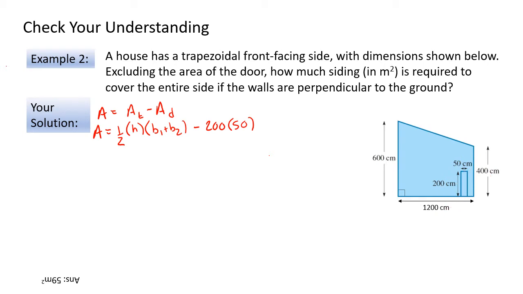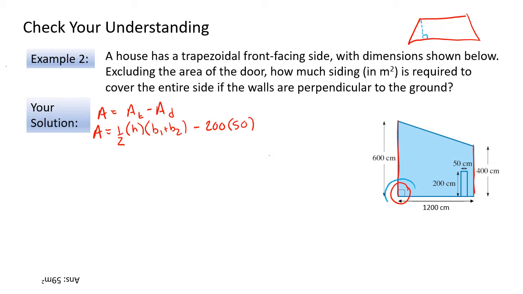So now if we're looking at this as a trapezoid, remember B1 and B2 are the two parallel sides. Well, these two sides are the two parallel sides, right? So those are B1 and B2. And since this is at a 90 degree, remember when we had a basic trapezoid, the one you saw in the last example, your height had to be at a 90 degree angle to that bottom line, right?